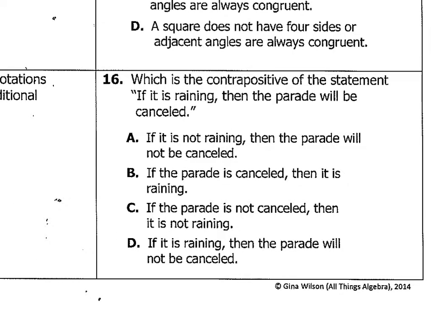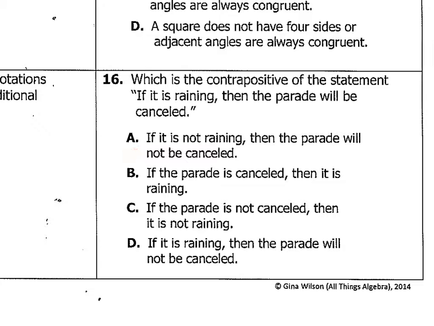This is all in itself. It says, which is a contrapositive of the statement? Contrapositive means we're flipping a previous statement. So if it is raining, then the parade will be canceled. So which of these is a contrapositive?